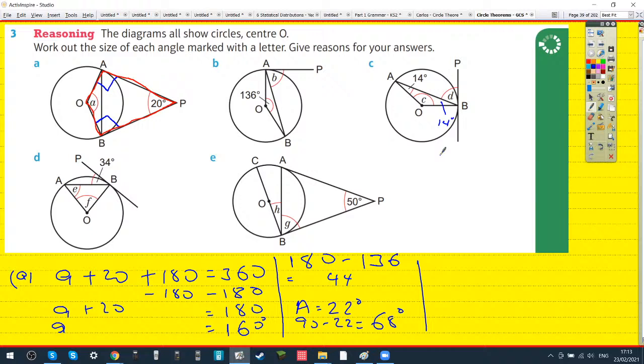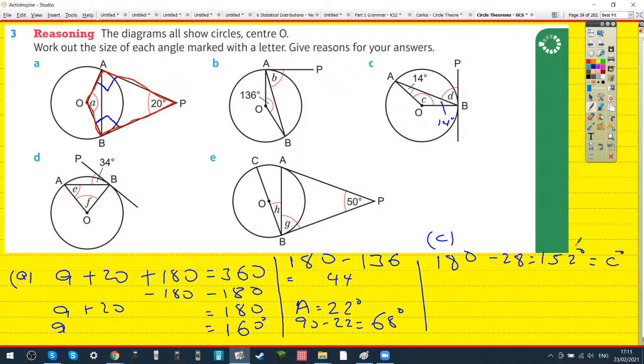So then 180 minus 28, which is 152. So O is 152. Yeah, they called it C.